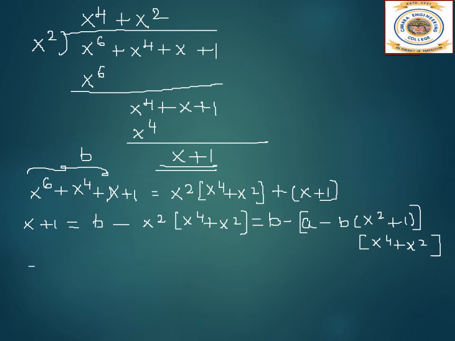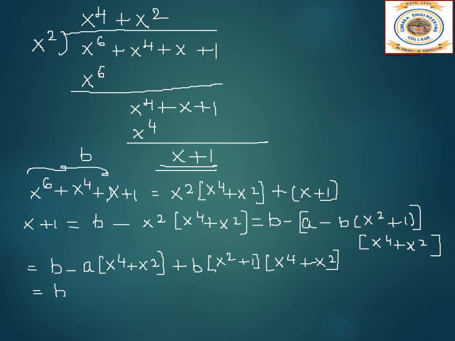So let me just open up the brackets. So b minus a into x to the power 4 plus x square plus b into x square plus 1 into x to the power 4 plus x square.